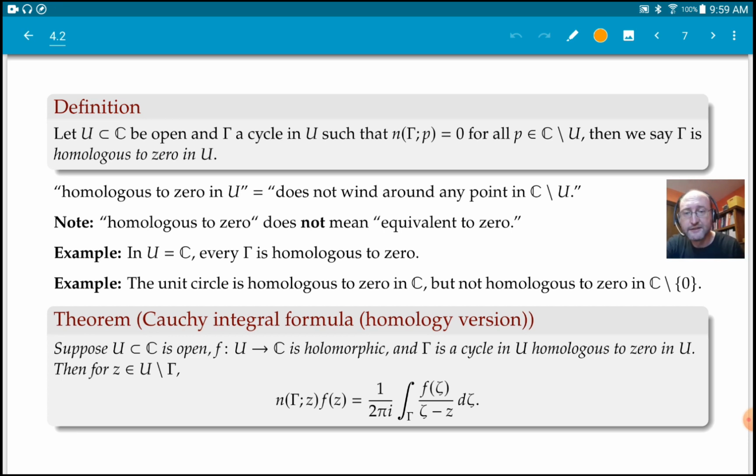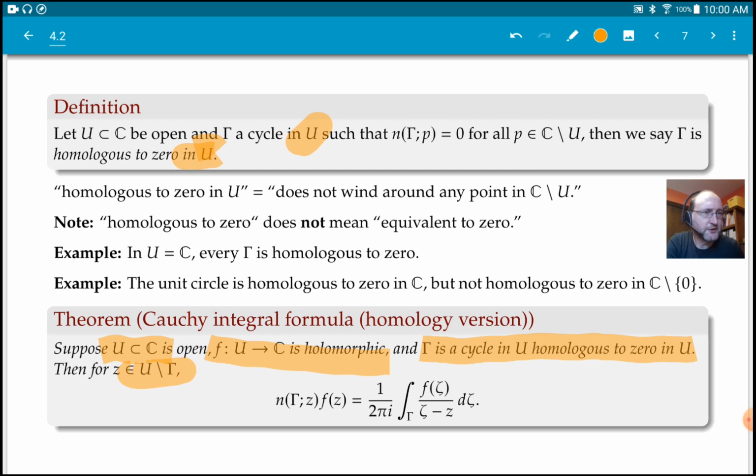All right, so here is the version of Cauchy that we're going to prove today. Suppose you have an open set U and a holomorphic function f on this open set, and you have a gamma that's homologous to 0 in U, always with respect to this domain U. Then for every z in U that's not on gamma, because then it's not going to make sense, we have this formula where we have to put in the winding number, which just happens to be there.